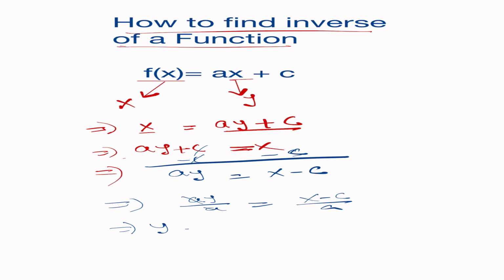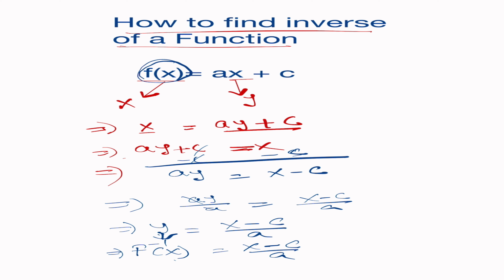We get y equals x minus c divided by a. So this y is our inverse function. We write it down as f inverse of x equals x minus c divided by a.